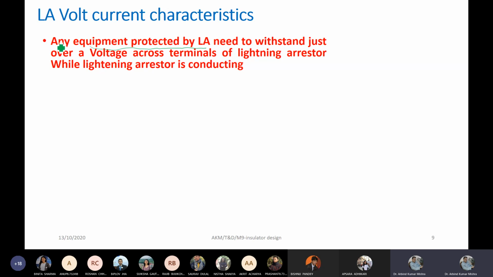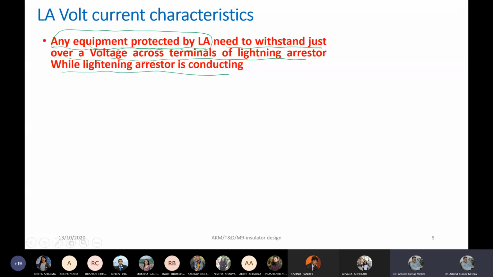So that's why I'm writing here that any equipment protected by the lightning arrestor means mainly the transformer insulation and the overhead line insulator, which need to withstand the over voltage across the terminals of the lightning arrestor while it is conducting.